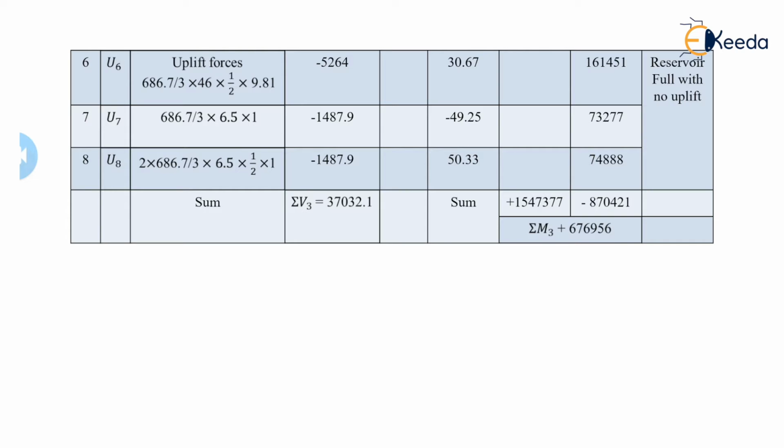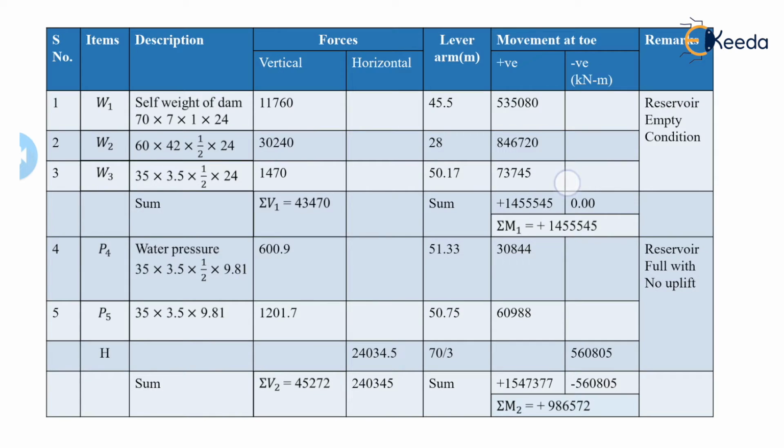So here we will get the negative value, and finally after taking the summation of moments, we will get moment 3, the third part of the moment. So this is our first condition, the reservoir empty, and then the reservoir full condition.